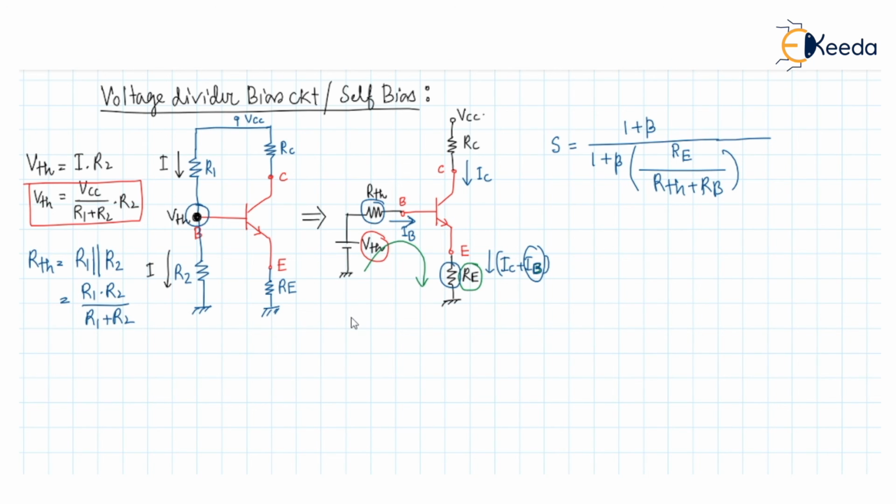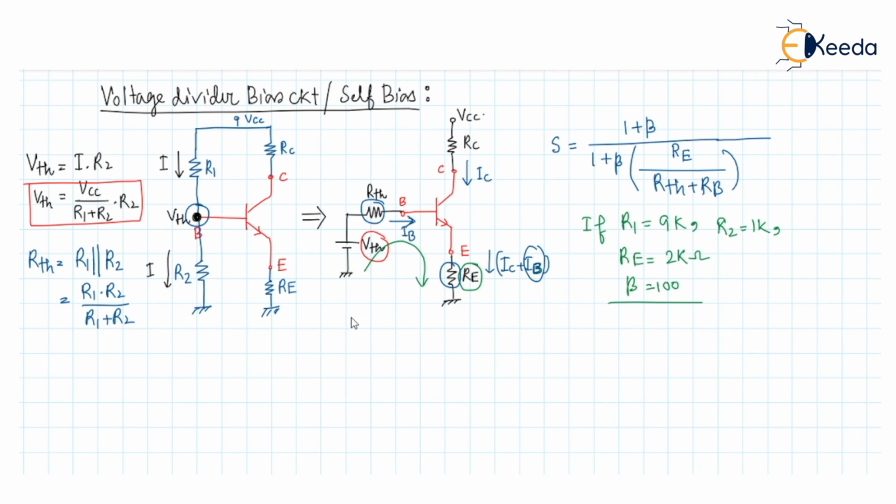Now if we give an example like this: R1 equals 9K, R2 equals 1K, emitter resistance RE equals 2K, and beta equals 100.